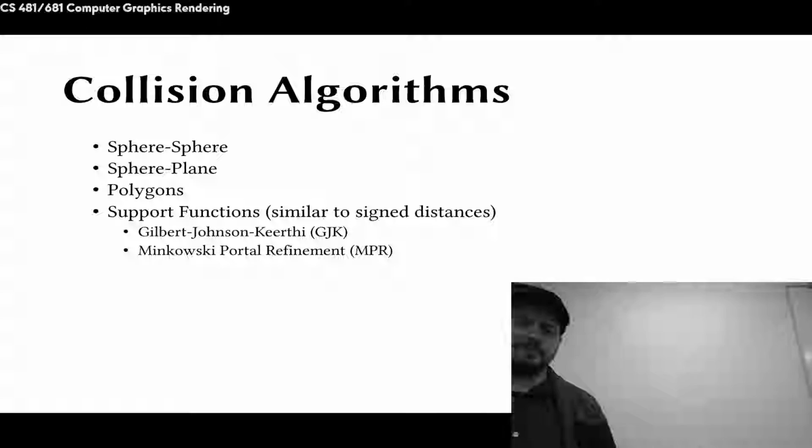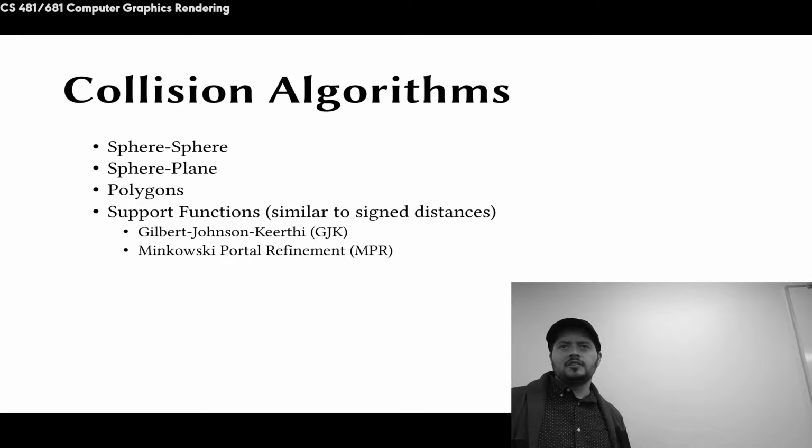Okay. How about sphere-plane? It's the distance from the point on the plane. How do you determine what? The point that's directly outwards from the plane towards the sphere. Sure, like 90 degrees. How do you know what the point on the plane is?